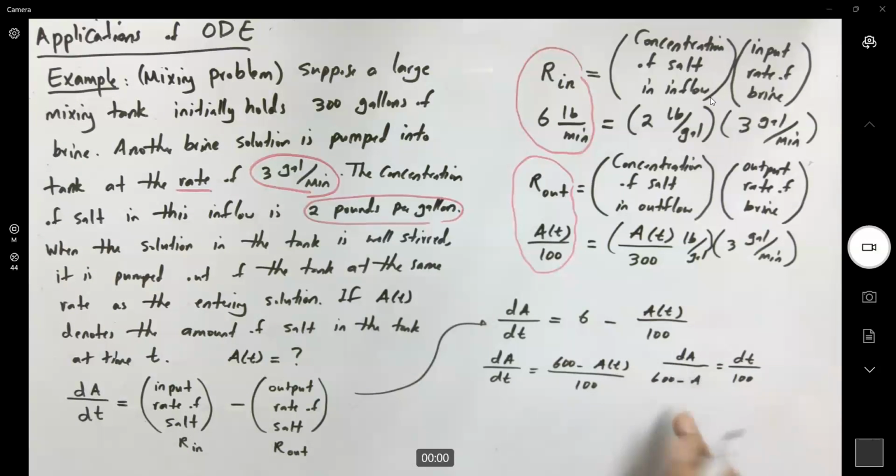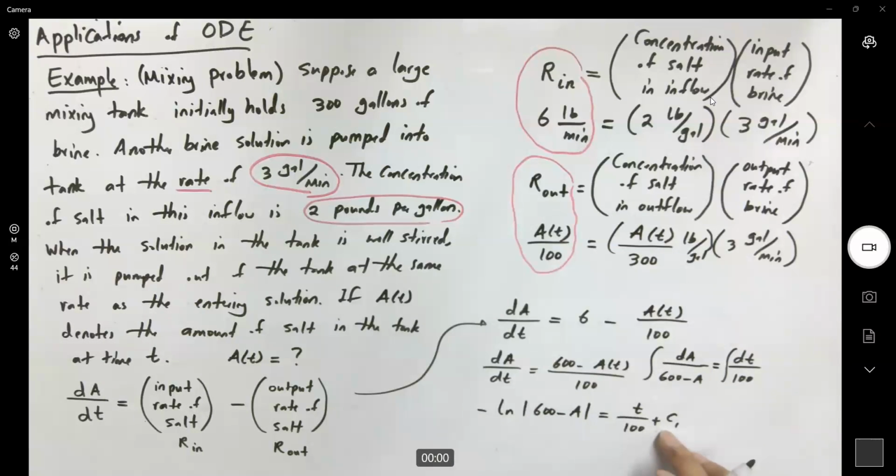Now, since it's separable, take the integral of both sides. So here we get a negative ln of the absolute value of 600 minus A equals t divided by 100 plus a constant of integration. Very well, we can continue this process.